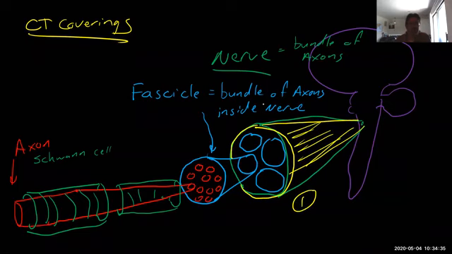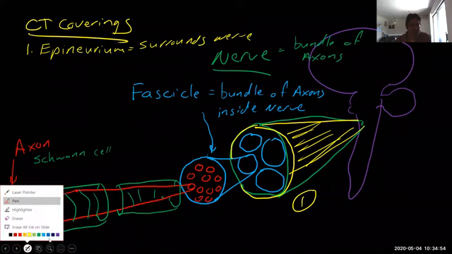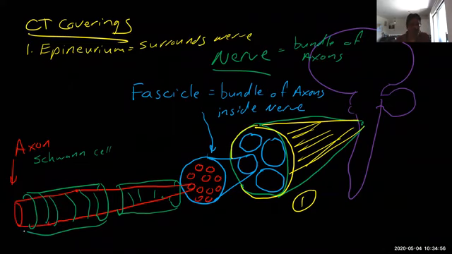This is called the epineurium. Epineurium surrounds the entire nerve. But then inside the nerve, each fascicle itself gets its own layer of connective tissue. This is called the perineurium. The perineurium surrounds each fascicle.